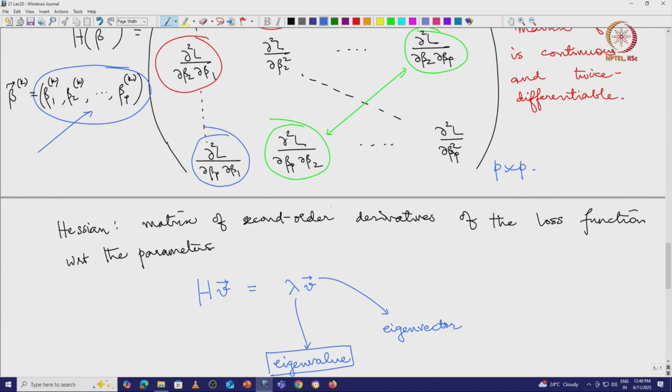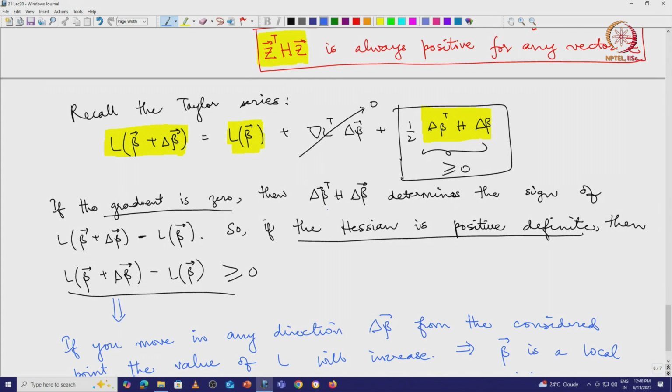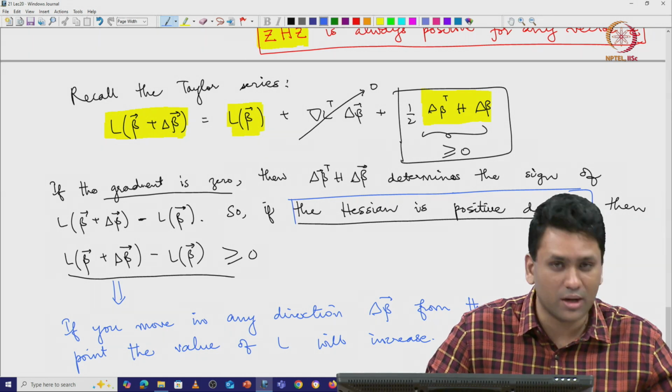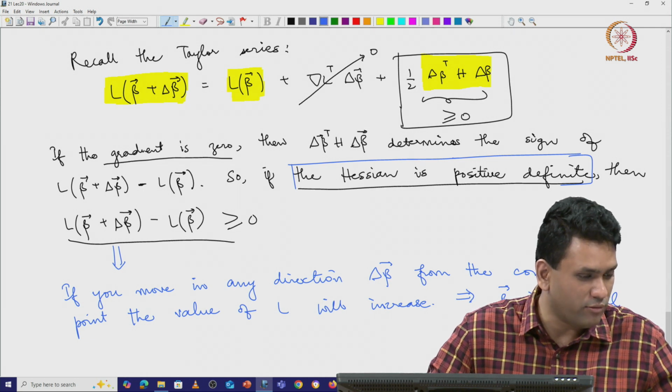In the same way, if you have a multidimensional loss function of parameters beta, then you want it to increase in any direction if you are at a local minimum, and that is ensured by the Hessian being positive definite. Okay, so I hope this clarifies the link between a local minimum and the concept of the positive definiteness of the Hessian matrix.